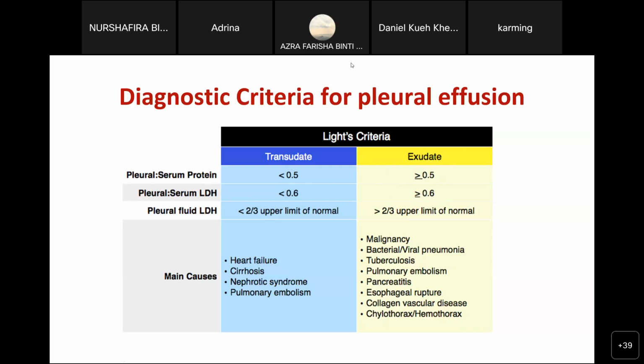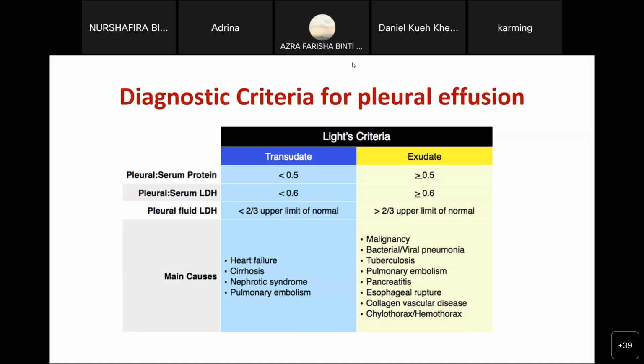Okay, now previously we also called this criteria. Previously we needed to have 2 out of 3, but now only 1. We can diagnose either it's transudative or exudative. Understand, right?